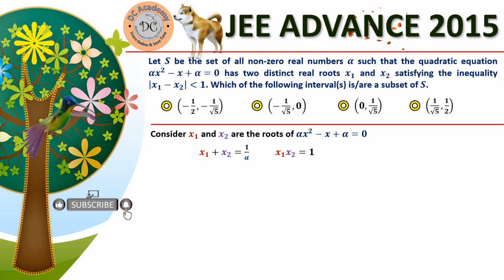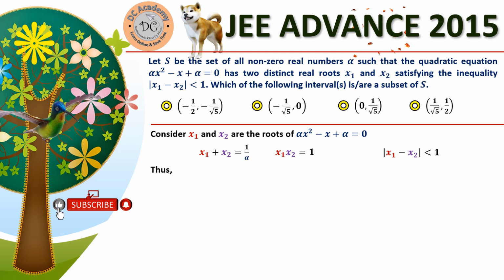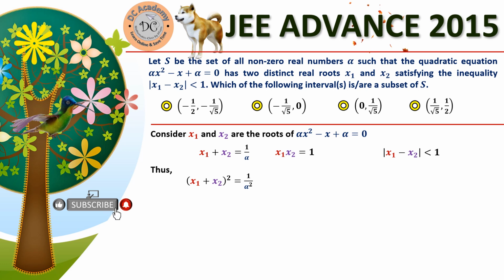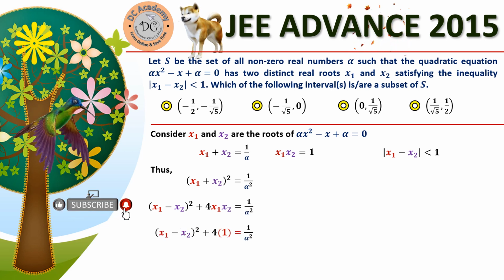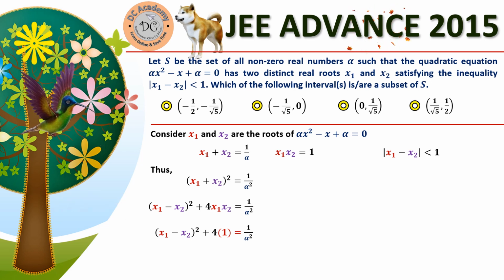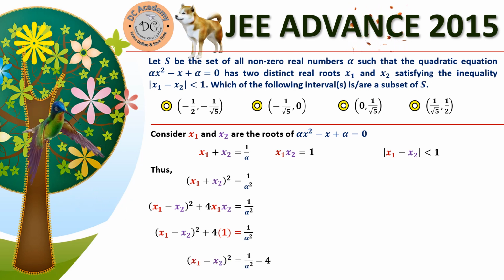We square both sides: x1 plus x2 whole square is equal to 1 by alpha square. It can be rewritten as x1 minus x2 whole square plus 4 x1 x2. Now x1 x2 is equal to 1, so x1 minus x2 whole square will be 1 by alpha square minus 4.